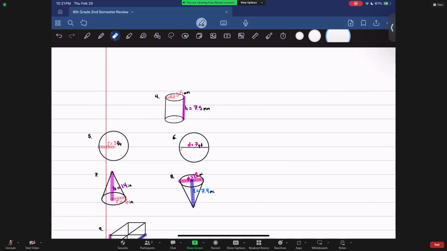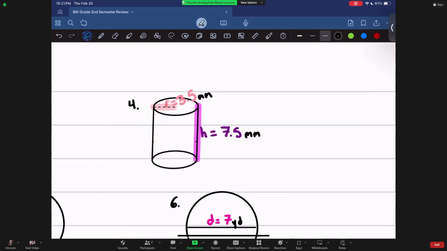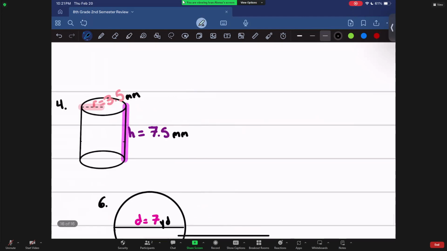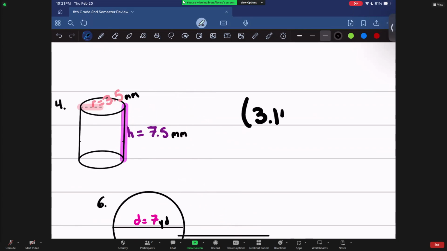This is another cylinder. Same formula. Okay, this one actually gives us R though, so we don't need to do the division by 2. We can just do 3.14 times 3.5 squared. That should be 9.25.